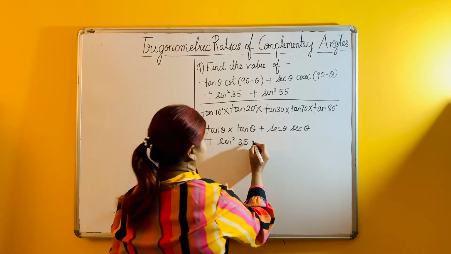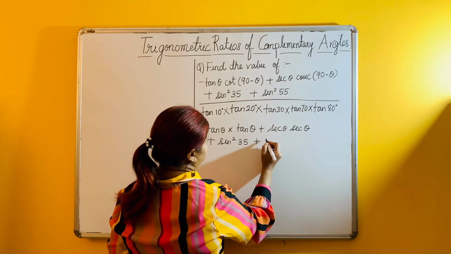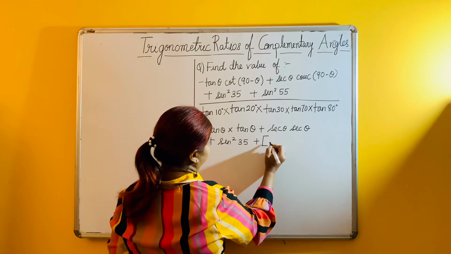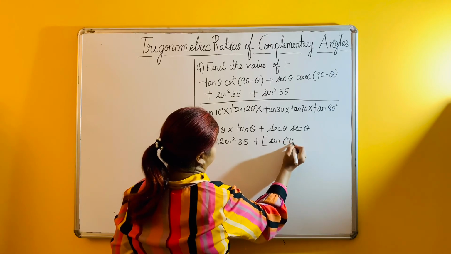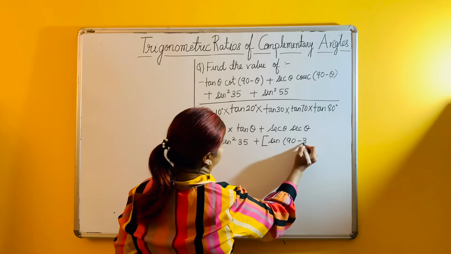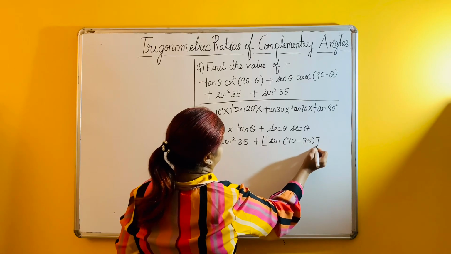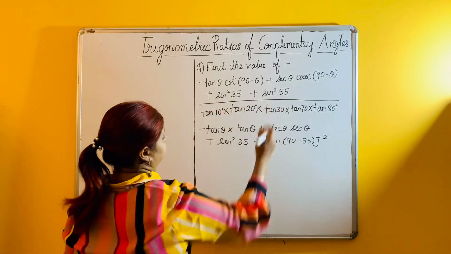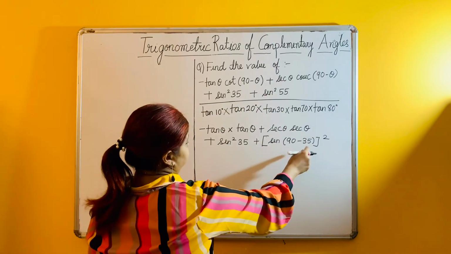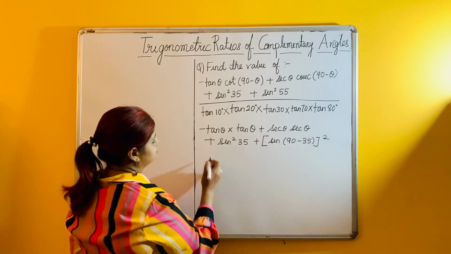Now, what is sin 55? So, sin 55 can be written as, I am putting a bracket here, sin 90 minus 35. Why? Because 90 minus 35 is what? 55, right? So this can be written as this.